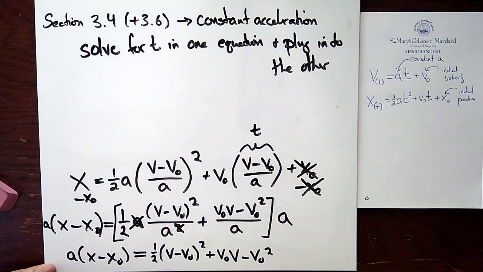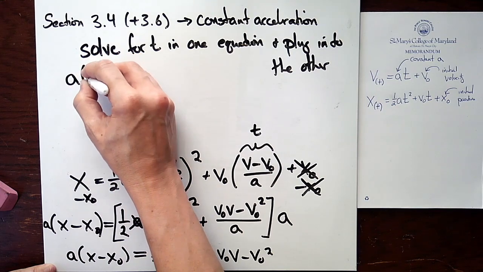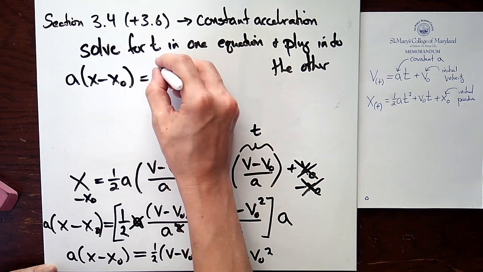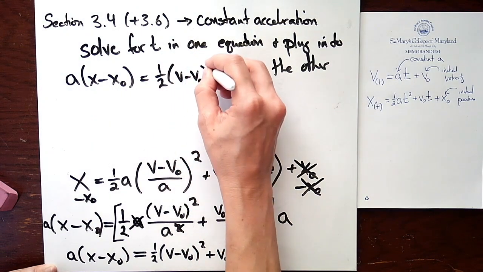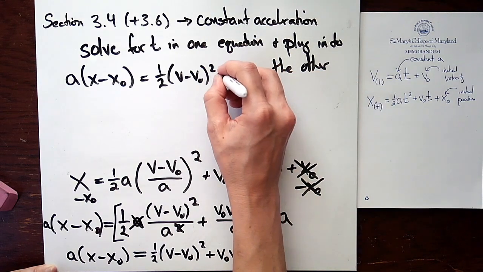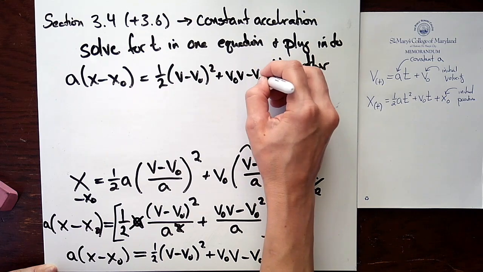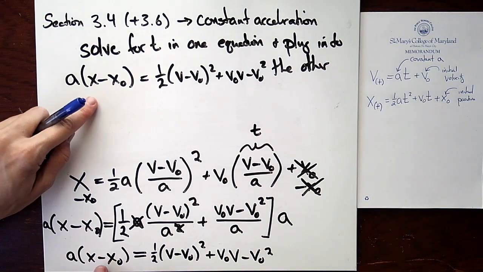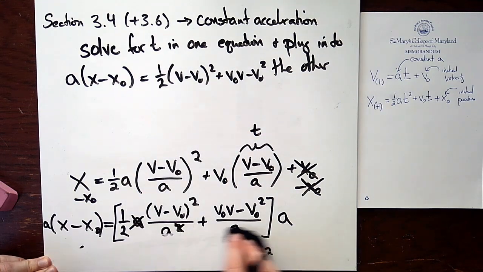And I'm just going to write this whole thing up at the top again. Acceleration times change in position equals 1/2 v minus v naught quantity squared plus v naught times v minus v naught squared. All right, double check. Everything looks the same, so I can go ahead and erase this.